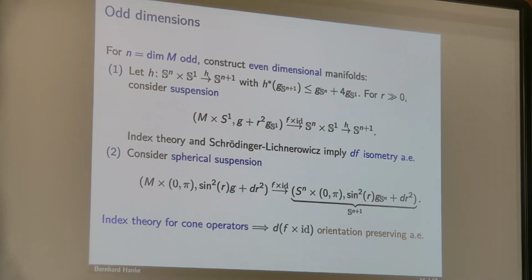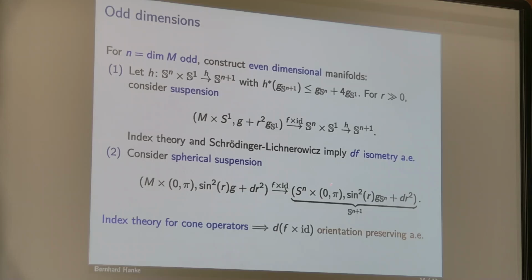This means you multiply by an interval from 0 to pi, and you take a warped product metric. You warp the original metric g by this factor here. You take the product of the map f with the identity. And here you take the warped product of the round sphere, which actually then gives you the sphere in dimension n plus 1 with north and south pole removed.